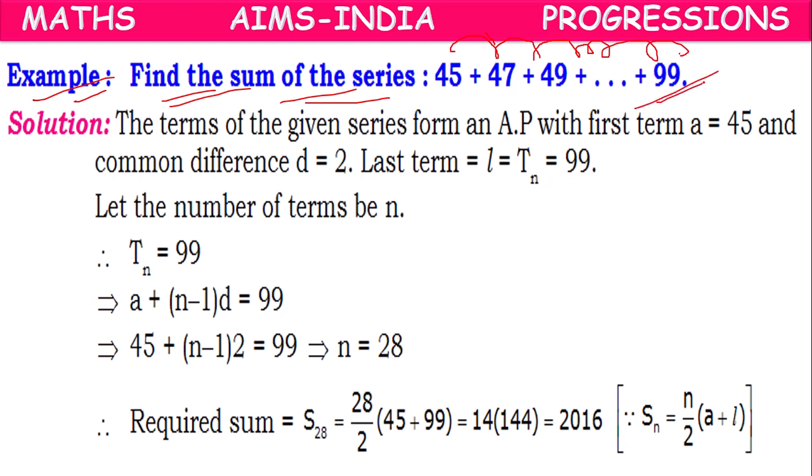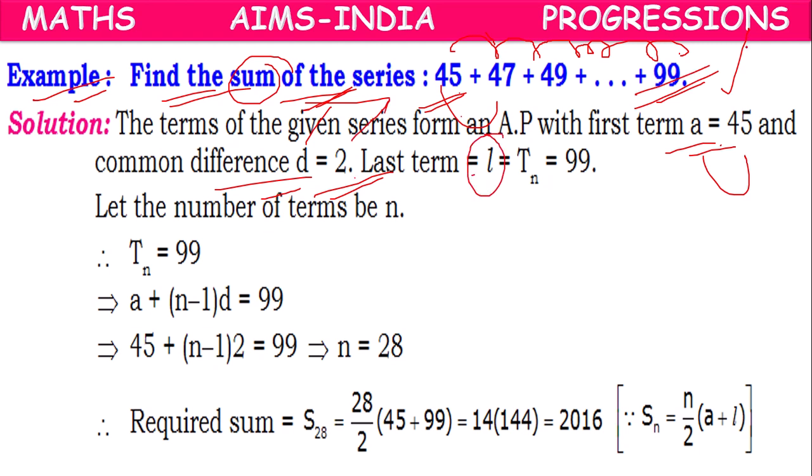So the first term of AP is a, which is 45, and the common difference between two terms is d, which is 2. Last term is represented by l or Tn, which is 99. Let the number of terms be n.